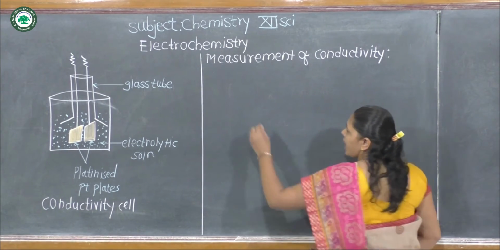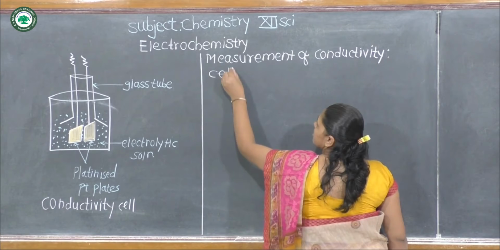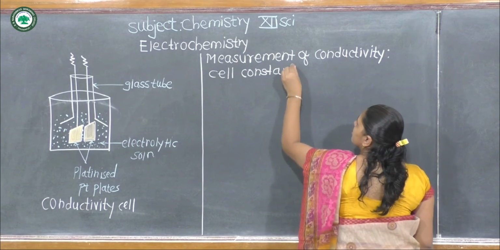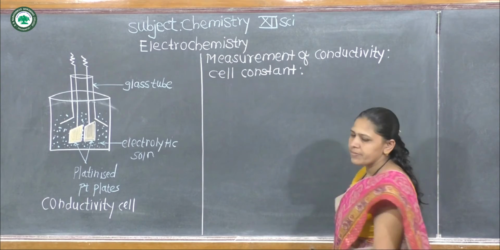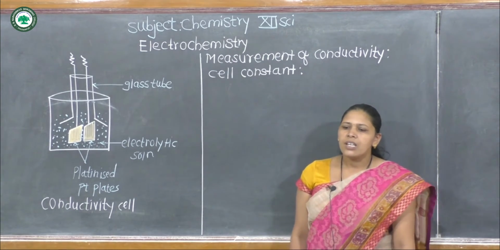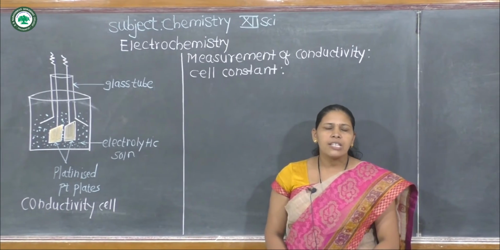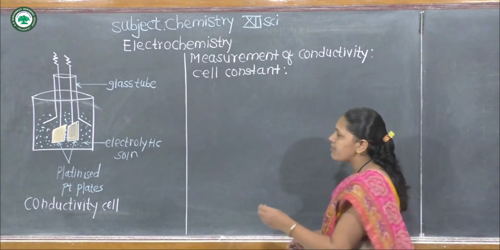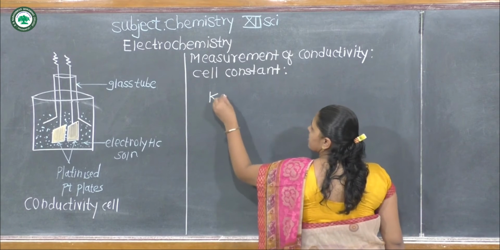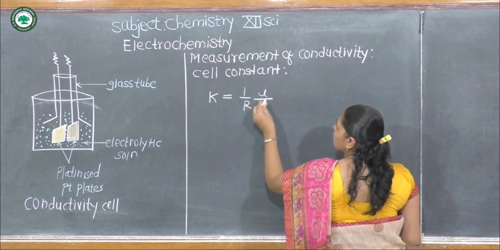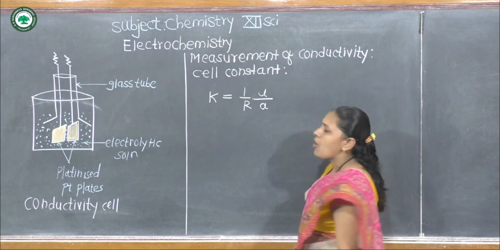Then what is meant by cell constant? We know that conductivity of an electrolytic solution is given by K is equal to 1 upon R into l upon a.